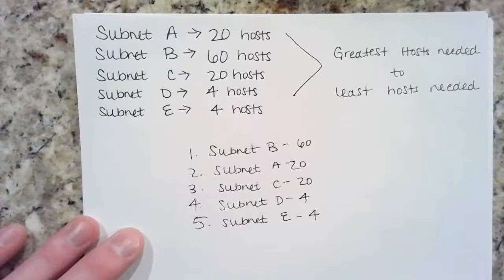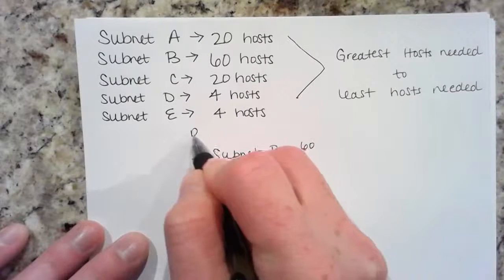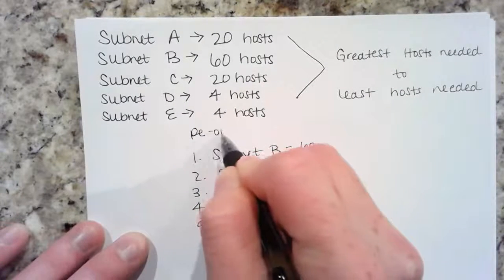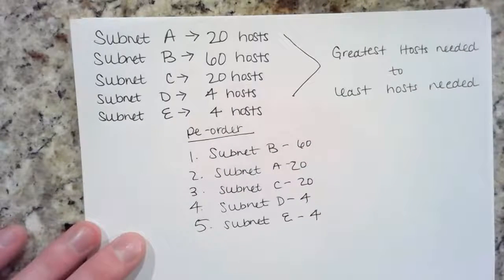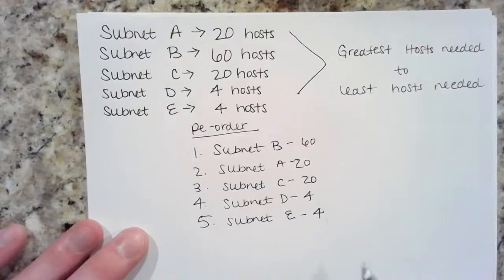So that is always what you want to start with, okay? So we have to reorder them, okay? And that'll be important because once we start subnetting these out using that starting address, we have to start with subnet B now, okay? That'll actually be subnet B, our first addresses that we're going to do, okay?